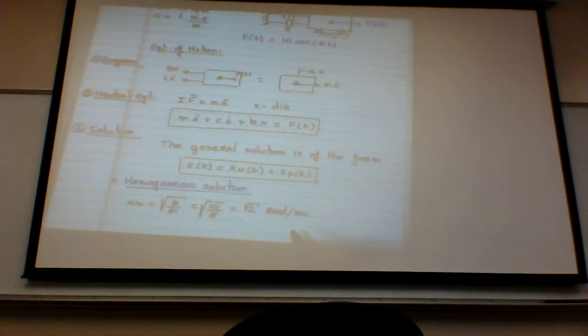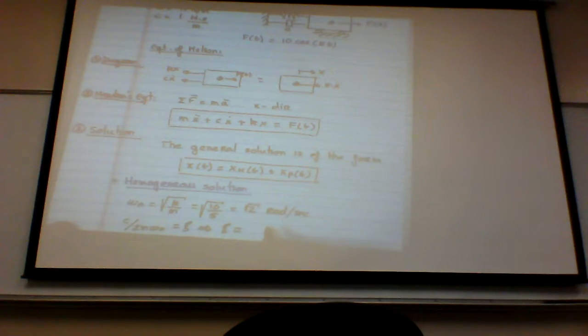Now, go back to the notes. How would we determine the damping ratio zeta? What was the expression? It was c over 2 m omega n. c over 2 m omega n is equal to the damping ratio. Okay. So the damping ratio is equal to what in our problem?